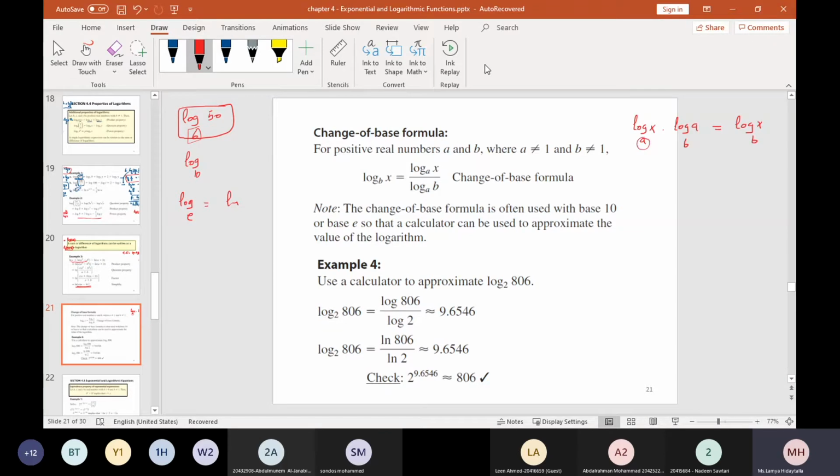Think of what is inside the argument, as if you want them to cancel, but at the end you will get log x to the base B.